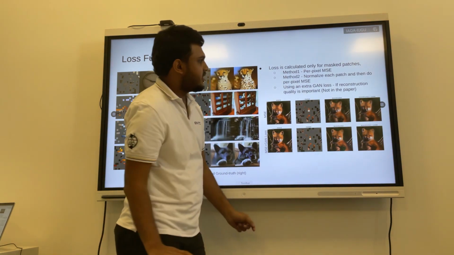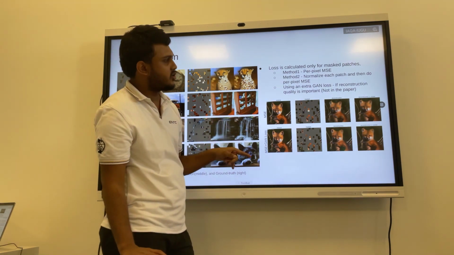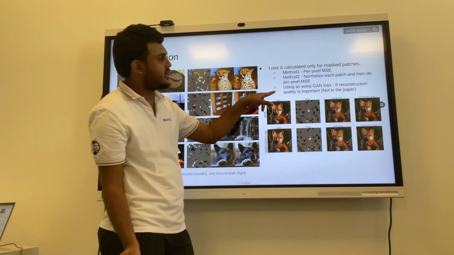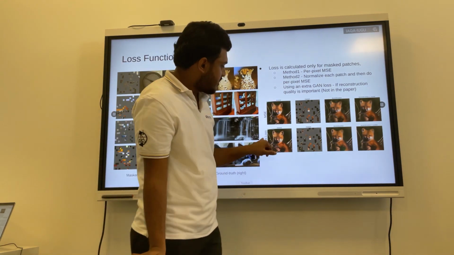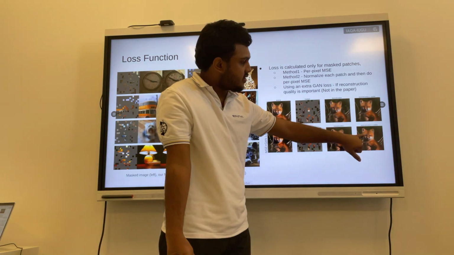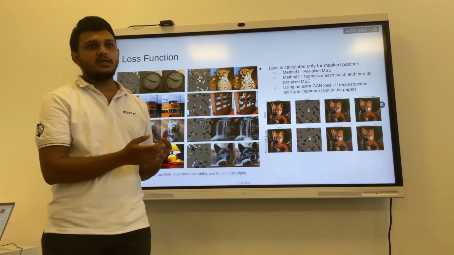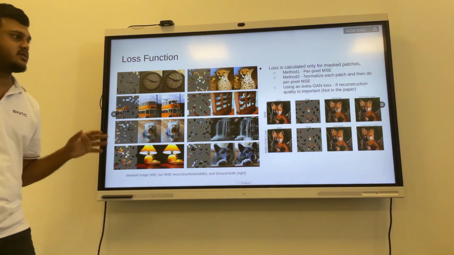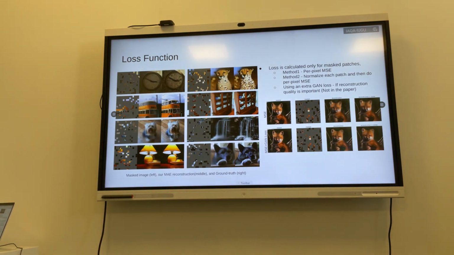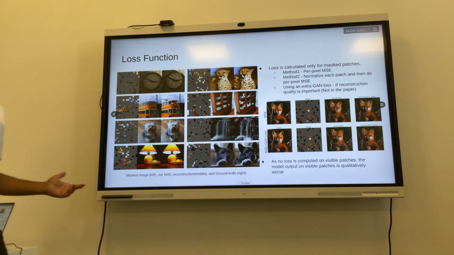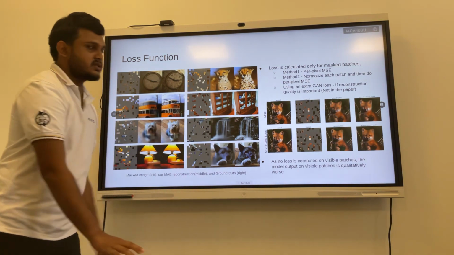But then this thing they have not mentioned in the paper: in their GitHub repo, they have given a Colab notebook. In that they have used an extra GAN loss. By using this GAN loss, you can see that the reconstruction quality is much better, right? But again, the reconstruction quality is not what we are aiming for here. What we are aiming for is getting a good understanding of the image. And as I said earlier, since we are not calculating losses for these unmasked patches, the reconstruction quality there is lower.